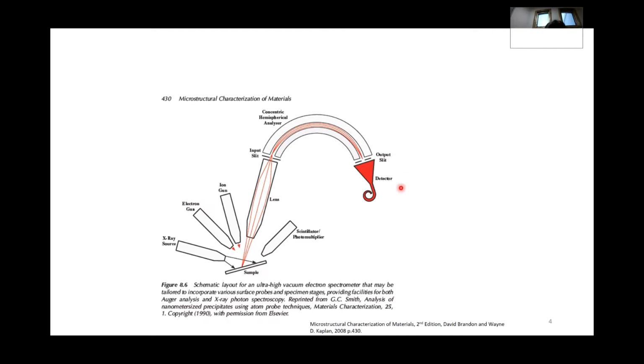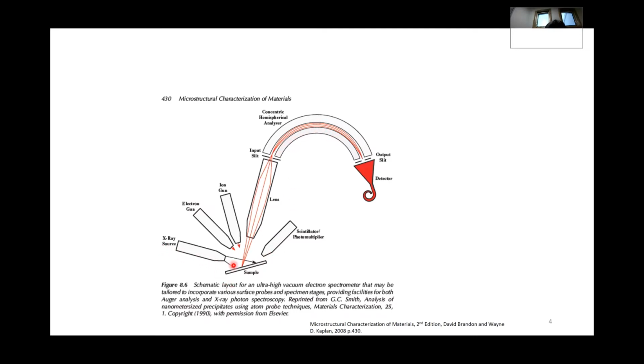Something I want to point out here: this scintillator photomultiplier is detecting X-rays. This thingamabob here is detecting electrons. This one's detecting X-rays.